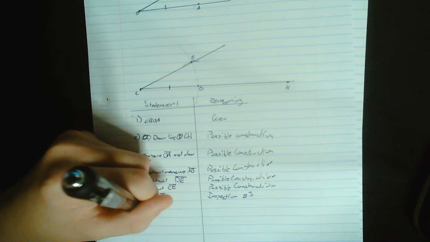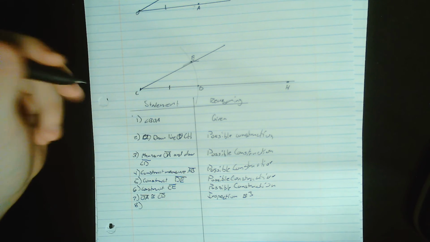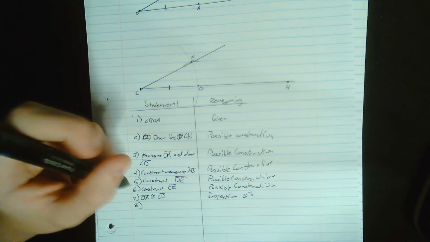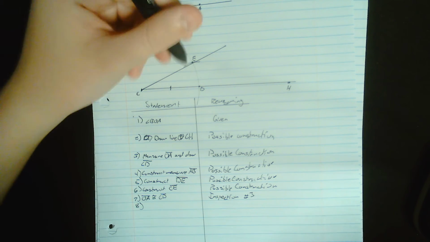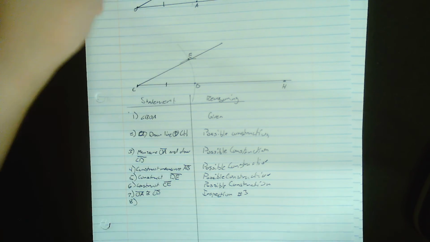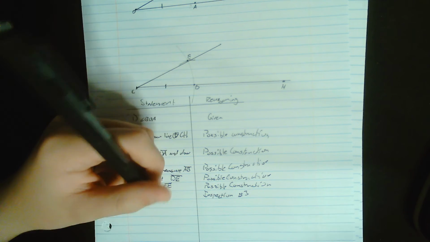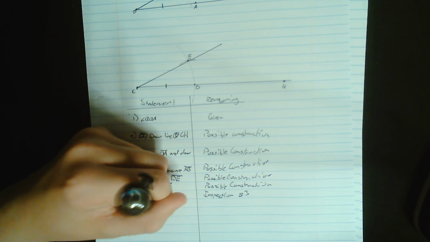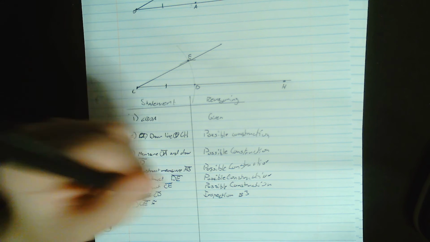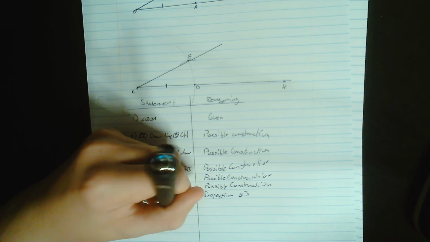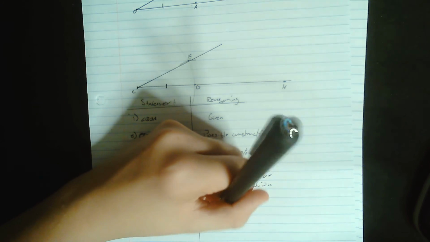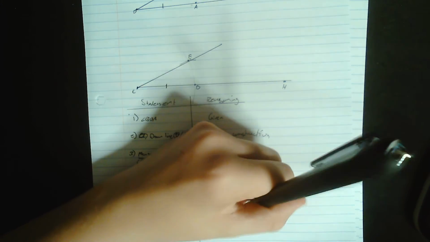Next, by the same reasoning, in step number 6, constructing CE, we know that CE is the same as OB because E and D are the same distance, which puts them at the same spot. So that would make CE congruent to OB by inspection of step number 6.